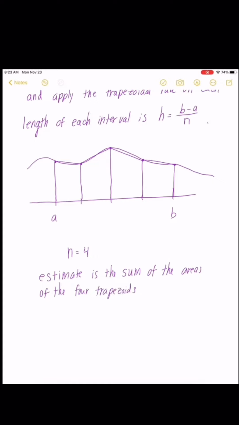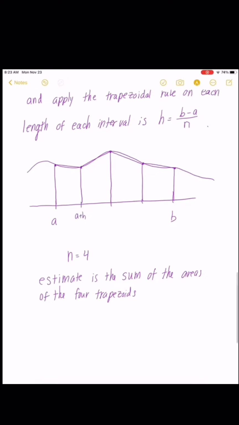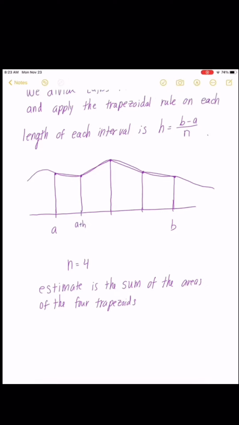The first trapezoid goes from a to a plus h, because h is b minus a over n. In this case, it's b minus a over 4. The second one goes from a plus h to a plus 2h. The next one goes from a plus 2h to a plus 3h. And then the last one goes from a plus 3h to b.